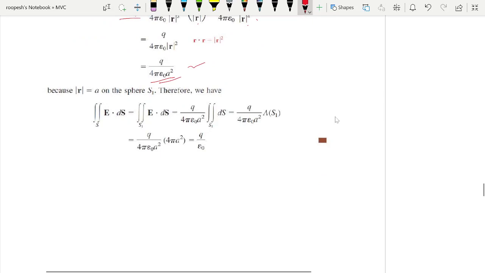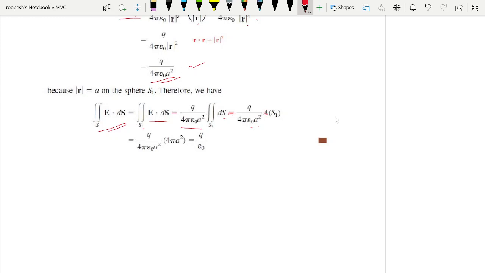Therefore what you're getting is double integral over S E dot ds equal to double integral over S1 E dot ds, which is q by this factor into double integral over S1 ds, that's equal to q by 4 pi epsilon naught a square into area of S1.